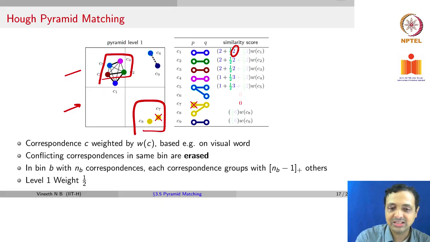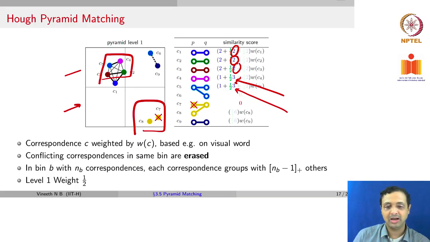Similarly, C2 has 2 new correspondences, C3 has 2 new correspondences, C4 had 1 new correspondence in the previous level and 4 now, which means it has 3 new correspondences. So that's the 3 that you see here. Similarly, C5 has 3 and so on. And the weight for this level is half.